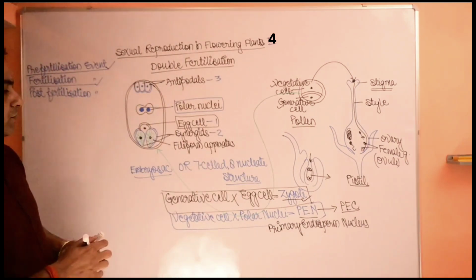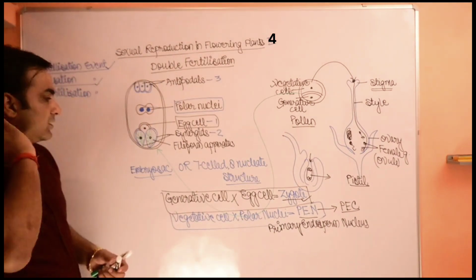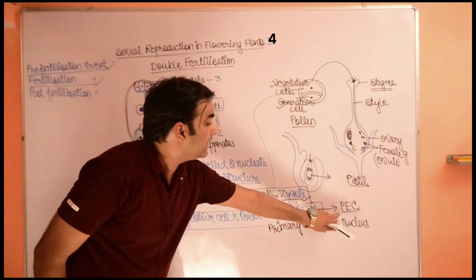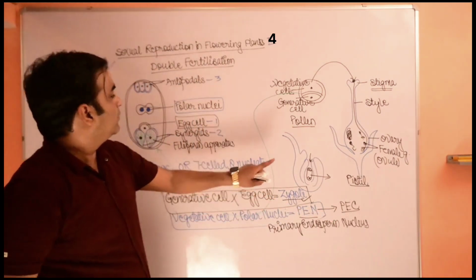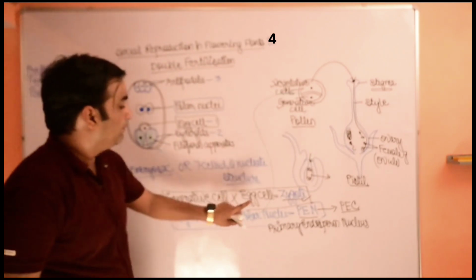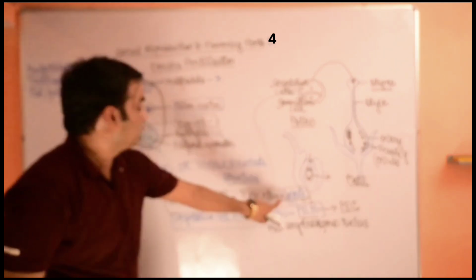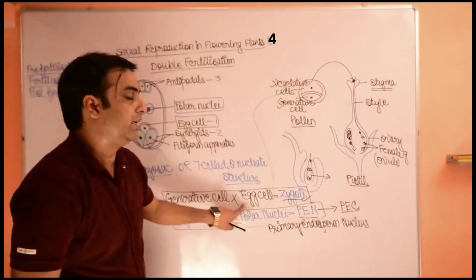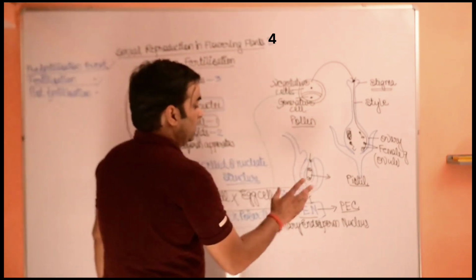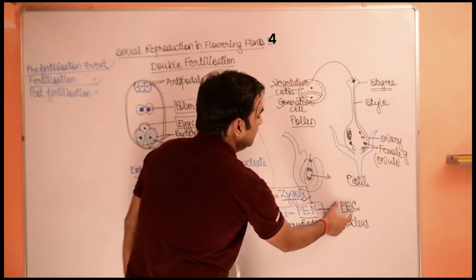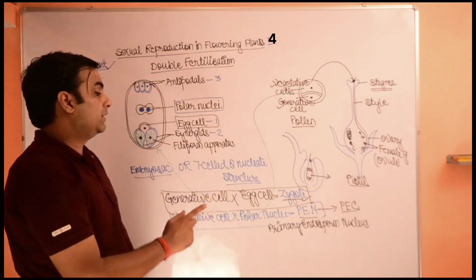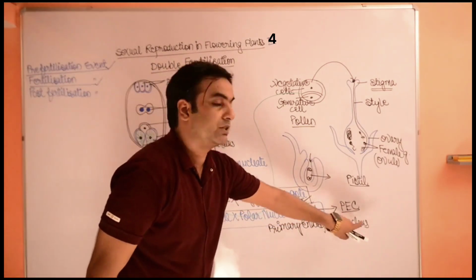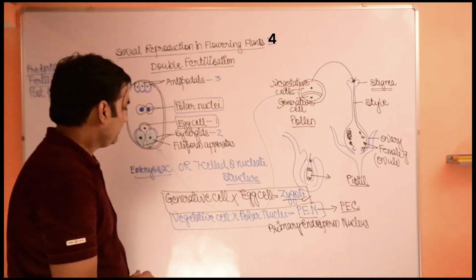This primary endosperm cell will be consumed in the development of the zygote produced by the fertilization between the generative cell and the egg cell. So the function of the primary endosperm cell is to nourish the zygote. For the development of the zygote, the primary endosperm cell is required.